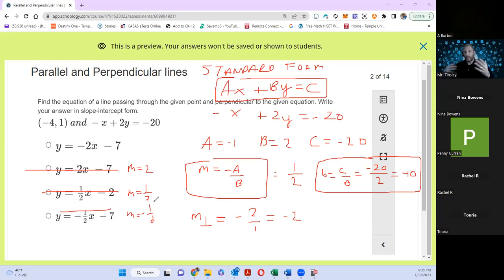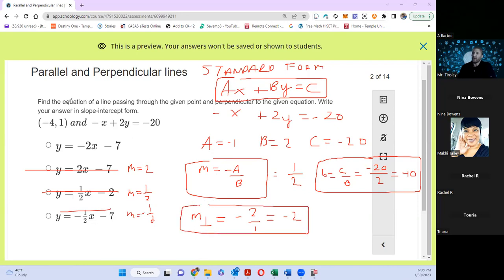Now, I want to complete the problem, just in case you didn't know. We know the slope of the perpendicular is -2, and we know it passes through (-4, 1). What information can we get from the point (-4, 1)?